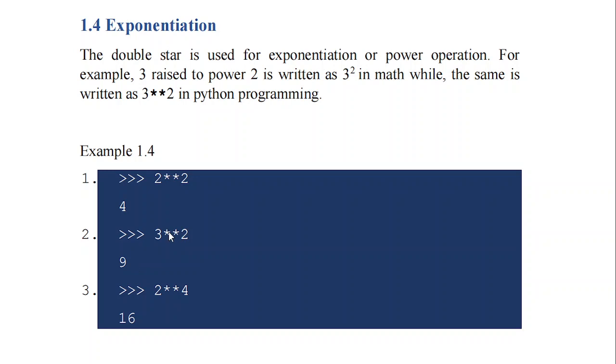We all know that 3 times 3 is 9. Okay, and 2 star star 4 shall be understood as 2 raised to the power of 4, and the result is 16. We all know that 2 times 2 times 2 times 2, 4 twos, is equal to 16.